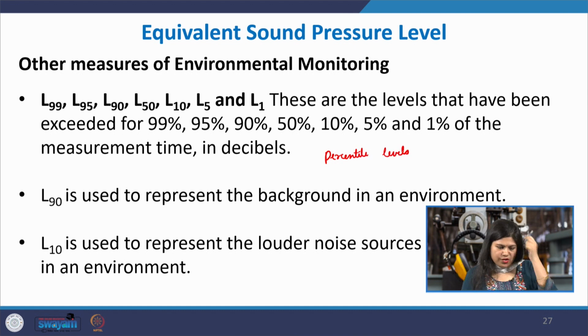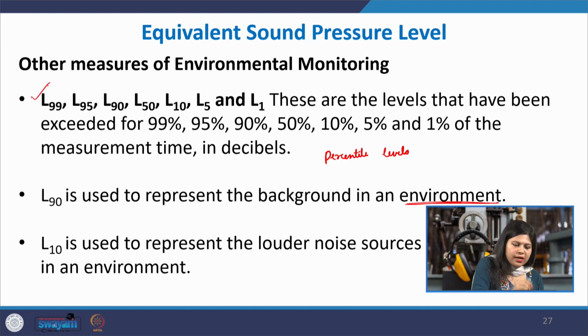As the name suggests, L99 means the following. Suppose you measured some sound waveform in a certain environment, again this is also used for environmental monitoring, for a significant amount of time. The level beyond which 99% of the data exists means that 99% of the time the sound pressure was above that level.